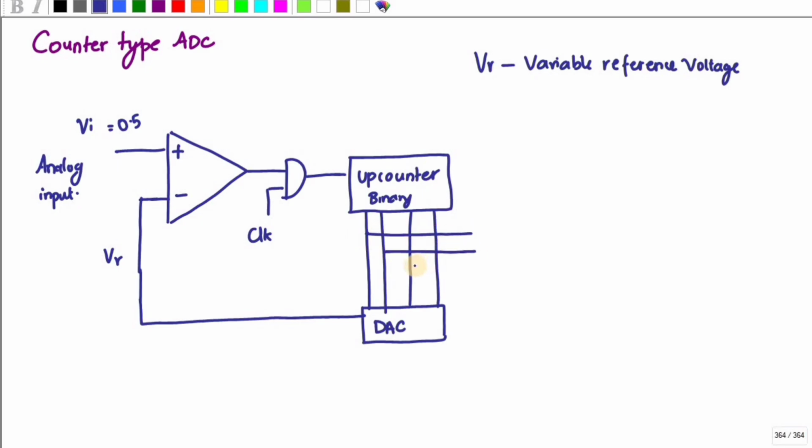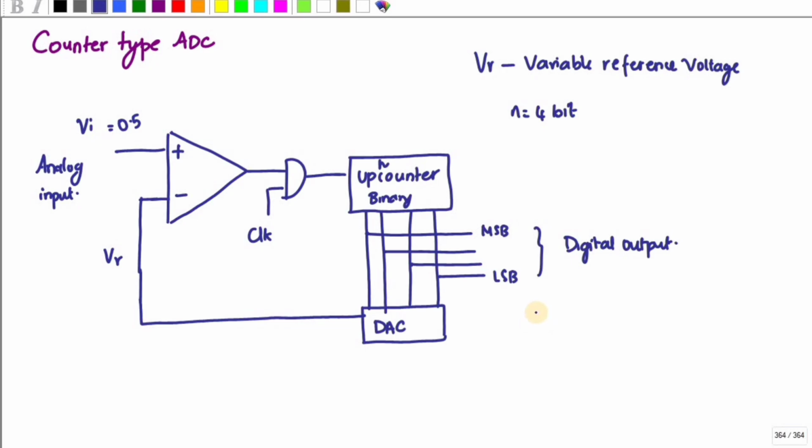Since it is a 4-bit counter, this n value is equal to 4 bits. This is my MSB and this is my LSB. These are my digital output.